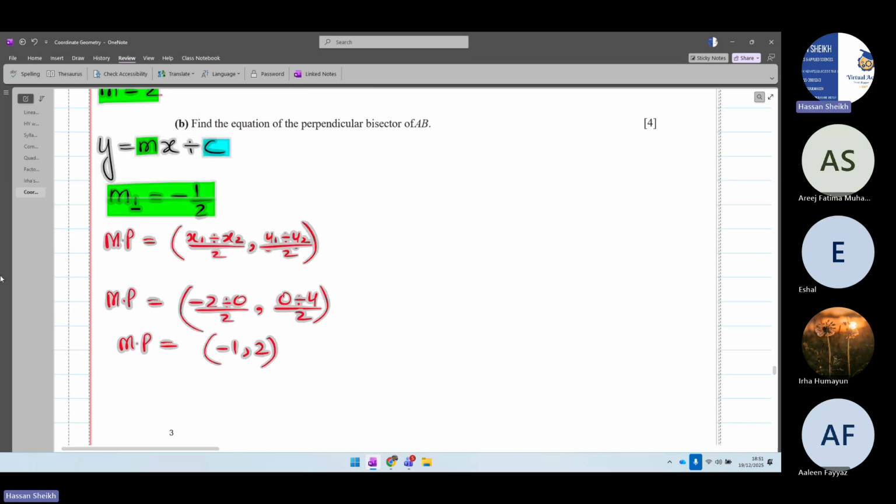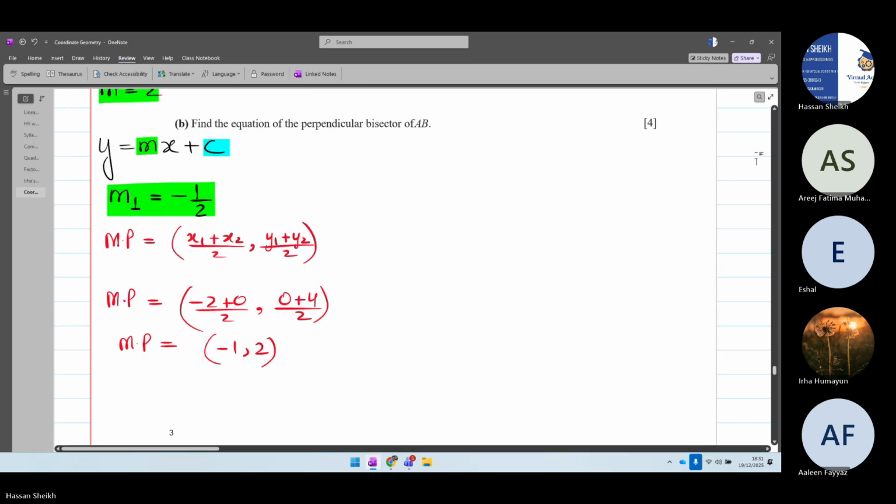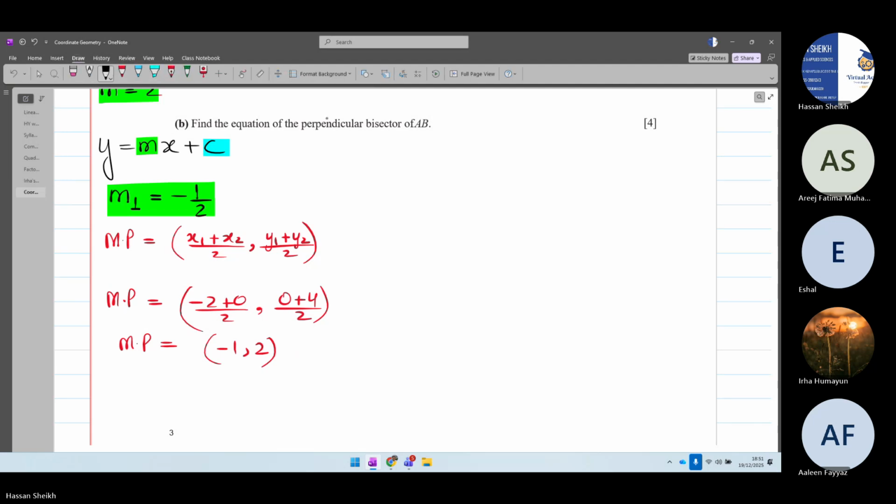Okay. Now, do we have the slope and do we have a coordinate? We can use minus 1 comma 2. That's the only coordinate we have. So y is 2. What is m?